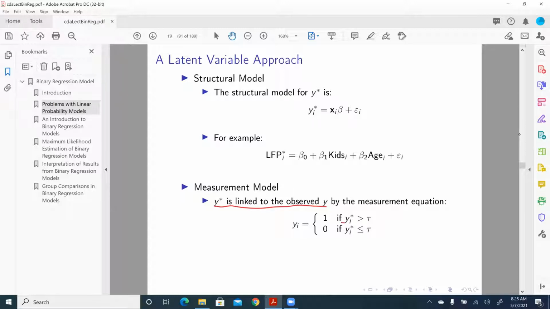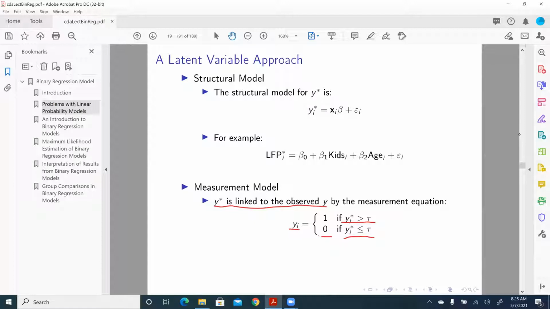So for y star greater than a threshold number, in the last slide we used 0 as the threshold value, but it could be any value in theory. So it's called tau. When y star is greater than tau, we say y, the observed y, is equal to 1. When y star is smaller or equal to tau, then y equals 0.